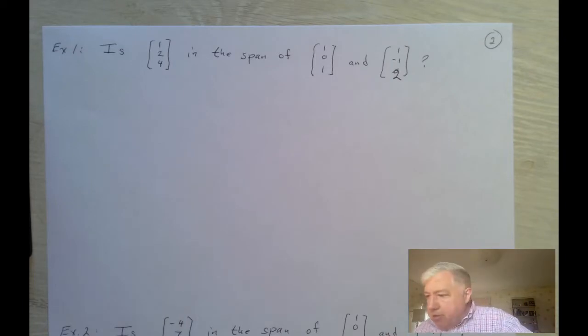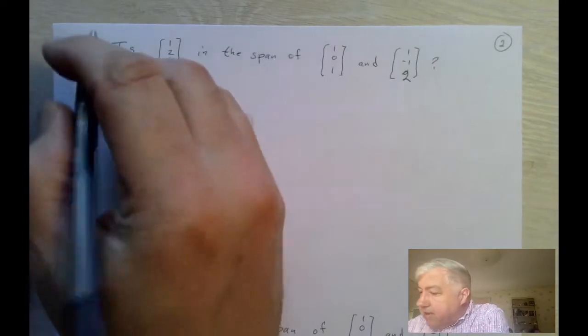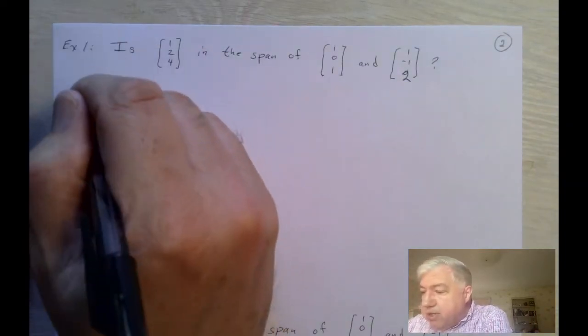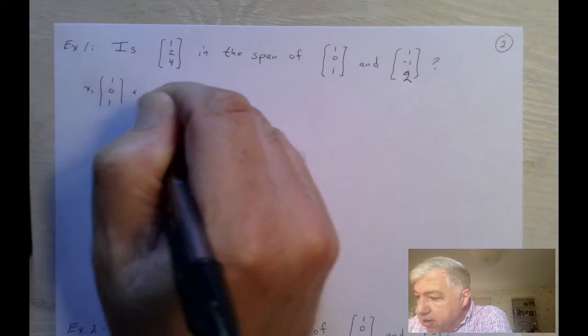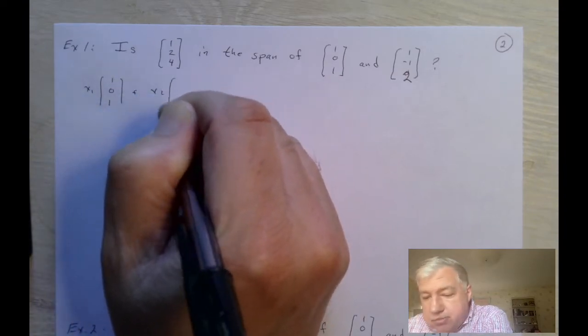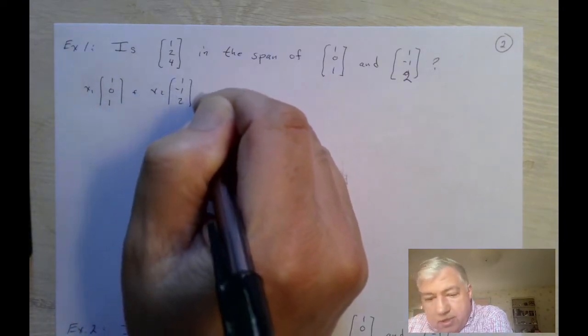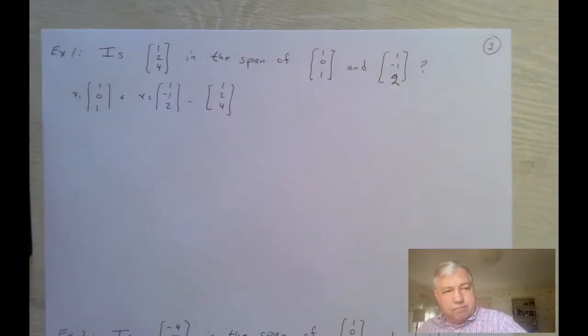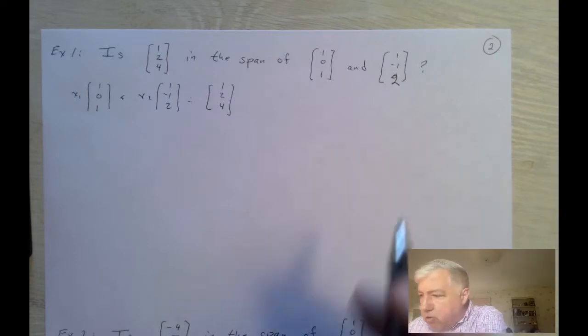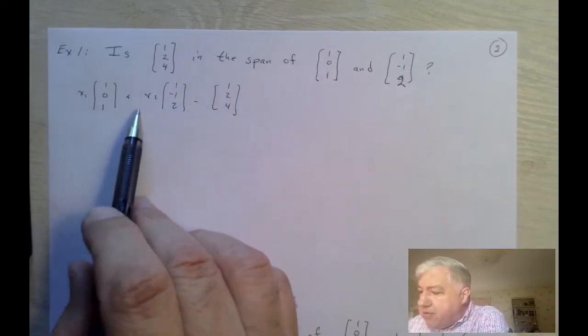In other words, we want to find numbers x1, x2 such that x1 times (1, 0, 1) plus x2 times (1, -1, 2) is equal to the vector (1, 2, 4). This will correspond to these three equations.